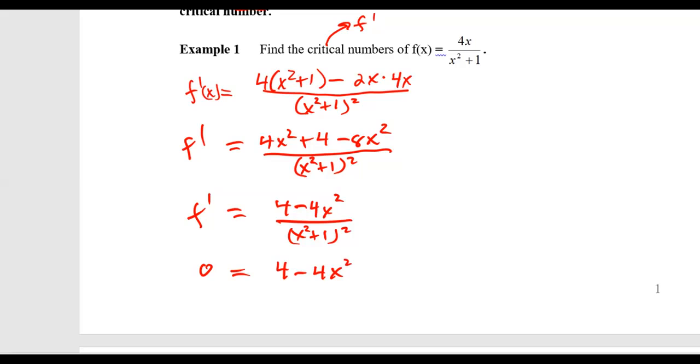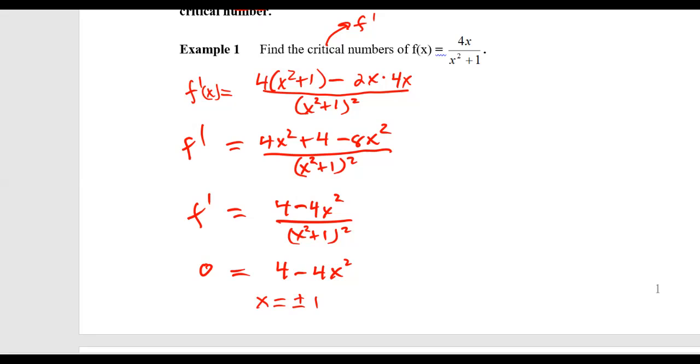I can ignore the denominator because this will only be 0 if the numerator is 0. We'll check the denominator in a minute, but for right now, f prime is 0 there. Notice they're not 0 in the same place. The denominator is never 0, actually. So set the numerator to 0.